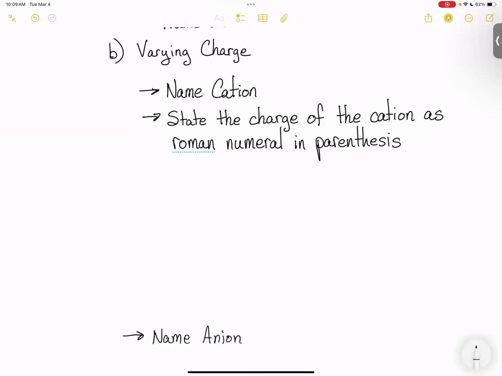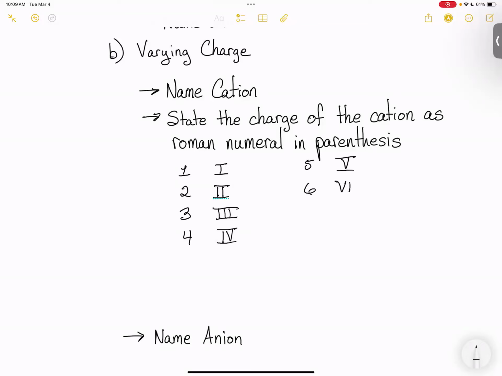Now your Roman numerals. As a reminder, 1 is I, 2 is II, 3 is III, 4 is IV, 5 is V, 6 is VI, and 7 is VII.